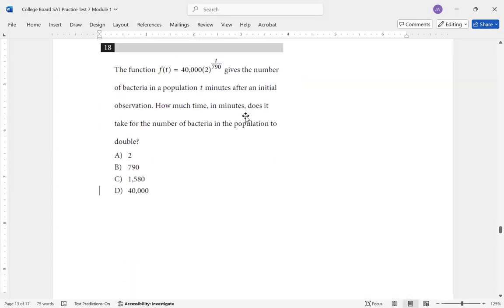Question 18. The function f of t equals 40,000 times 2 raised to the t over 790 power gives the number of bacteria in a population t minutes after the initial observation. How much time in minutes does it take for the number of bacteria in the population to double? Doubling means multiplication by 2.